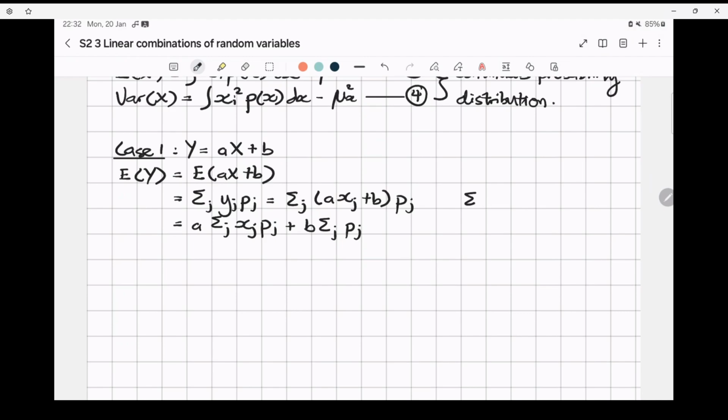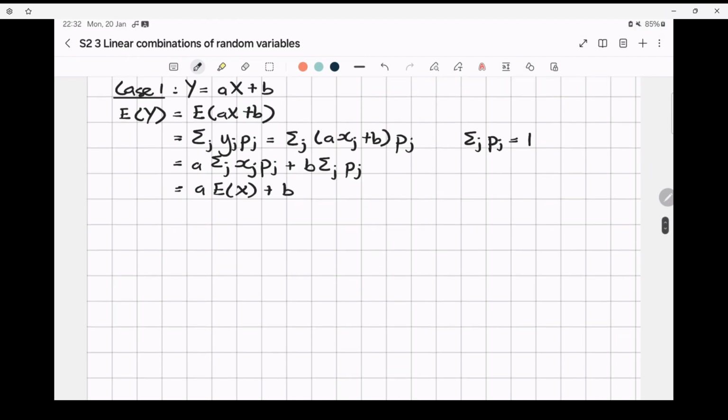By now you should know that the sum over j of p_j equals 1. The sum of x_j p_j is the expected value of X, so this will be b.